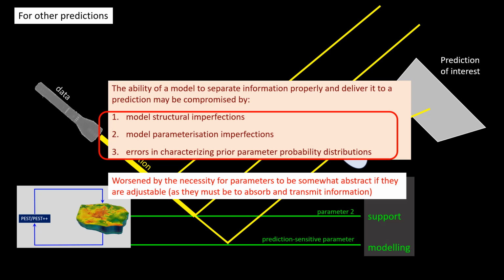Making them adjustable means they're going to be somewhat abstract, a little bit different from the detail that we're trying to represent in a complex model. And the more abstract they are, the more removed they are from reality, and the more difficult it is to apply the correct prior probability distribution to those parameters.